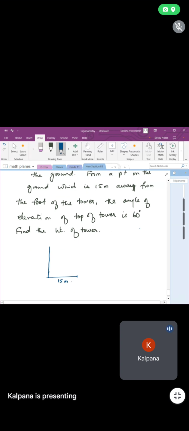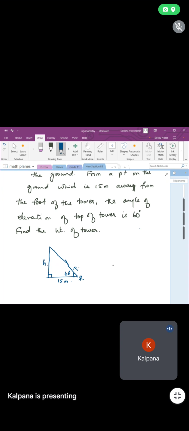The angle of elevation of the top of the tower: from here you are looking up, so the angle is formed here. It is found to be 60 degrees. From this point only you are observing. Find the height of the tower, h.